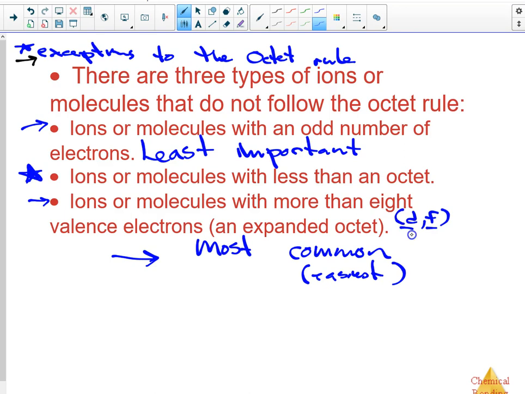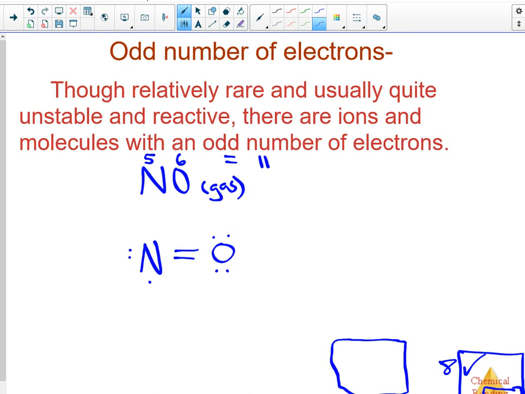We typically don't go more than 10, but 10 is more than 8. So that's why we call it an exception to the octet rule. Now, put into your mind, we're going to go over each one of them individually pretty quickly. But they're important for your score.